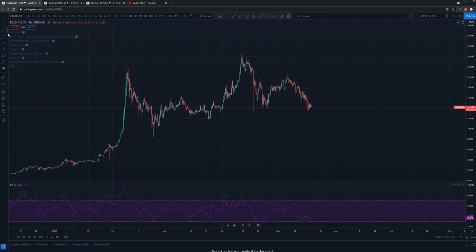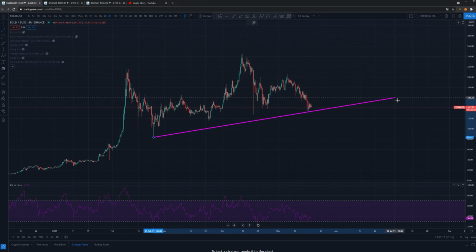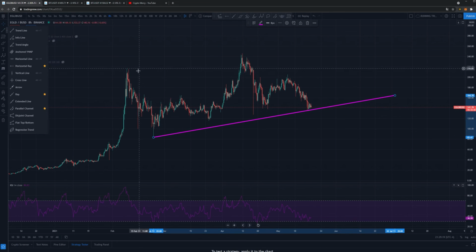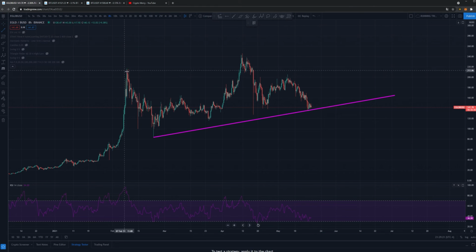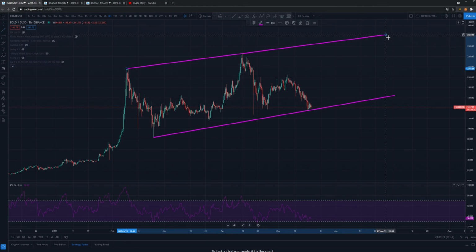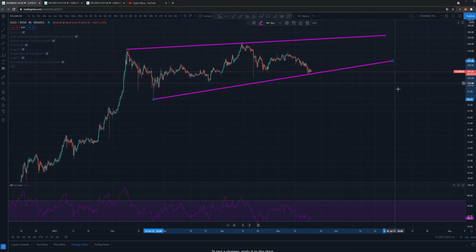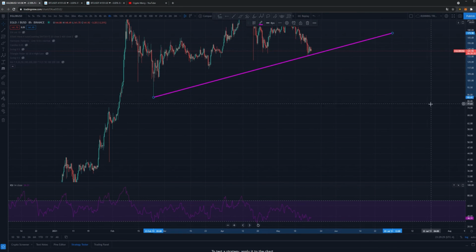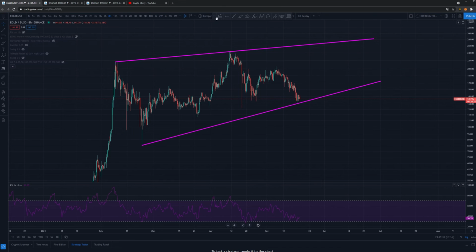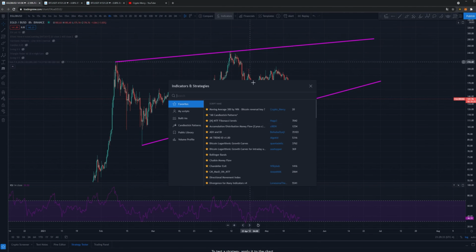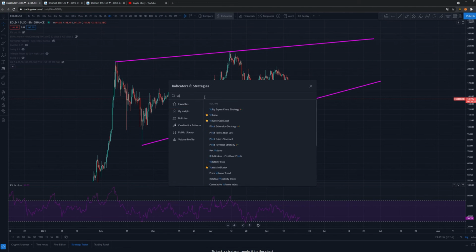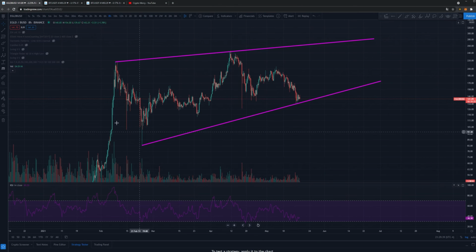And like you know, I've been pointing out this rising wedge for a while. I've been pointing this out because on the logarithmic chart, this is pretty clear for me. Another thing that makes me think this is a rising wedge is that the volume is going down since here.